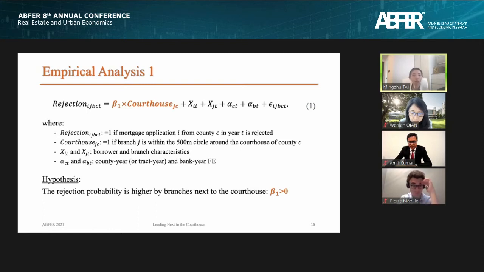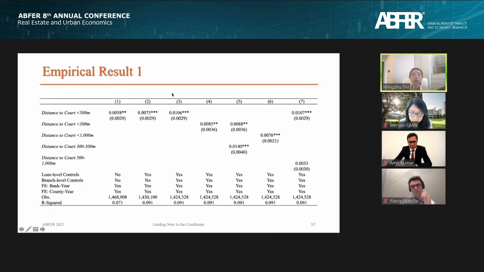Here our hypothesis is that the rejection probability should be higher, such that the coefficient beta 1 should be positive. Our regression results support this hypothesis. As you can see from the estimated coefficient, controlling for everything else, if a bank branch is within the 500-meter circle around the courthouse, then the rejection probability is around 1 percentage point higher.